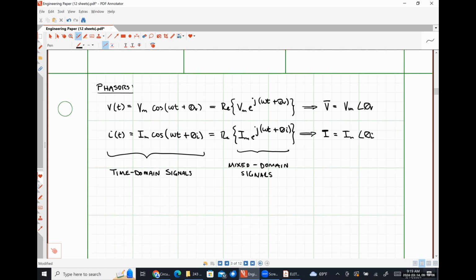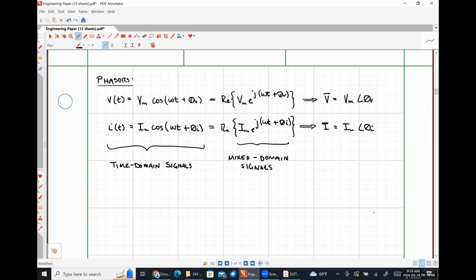So these are frequency domain signals, which are commonly referred to as phasors.